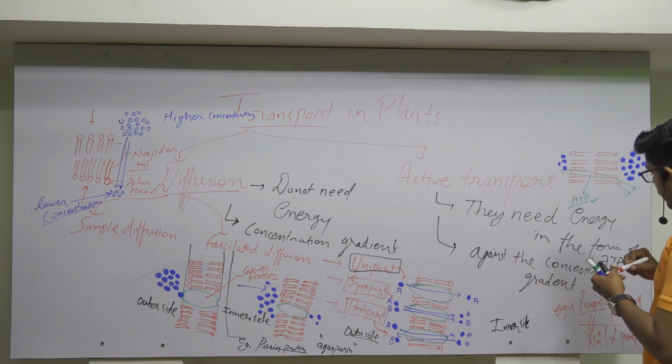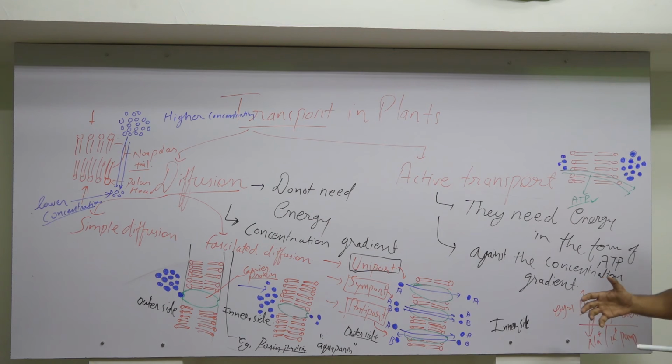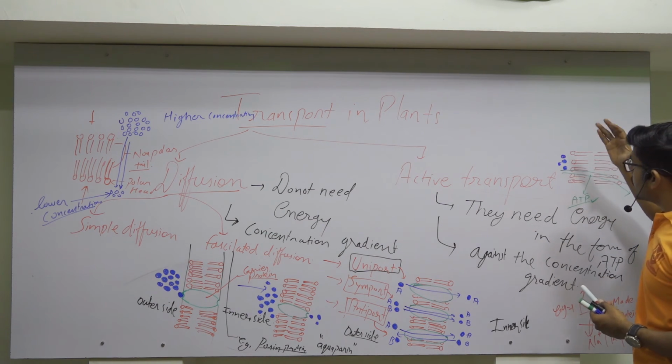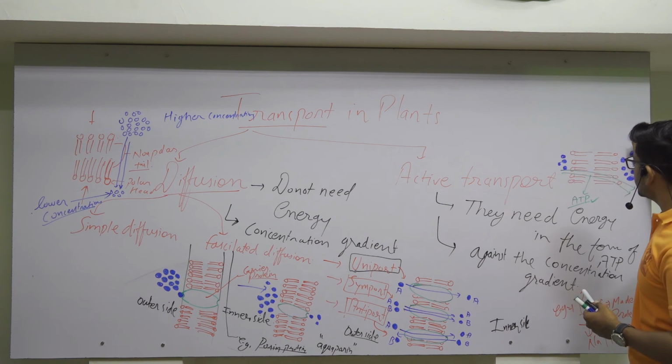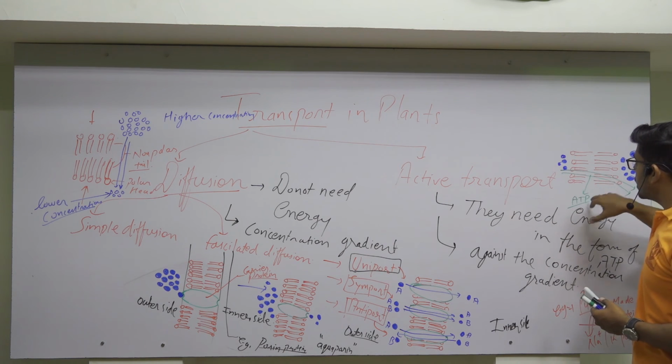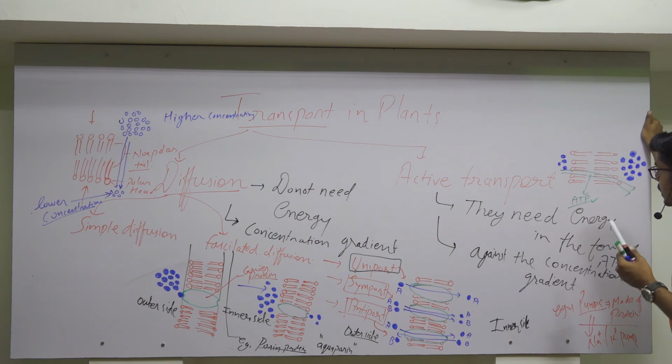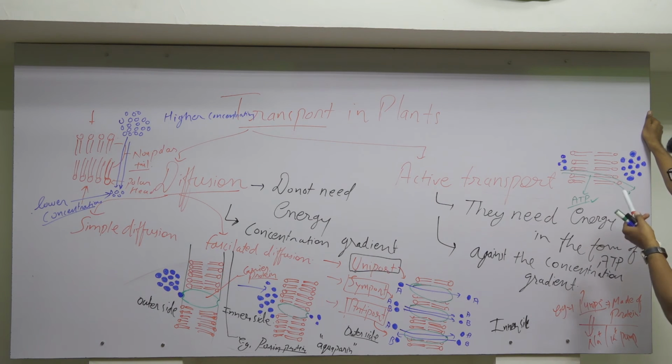These pumps transport the molecules from lower concentration to higher concentration, and they use energy in the form of ATP. That is called active transport. They need energy and happen against the concentration gradients. Examples are pumps like the sodium pump and potassium pump.